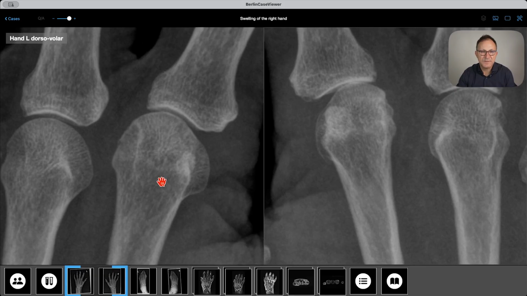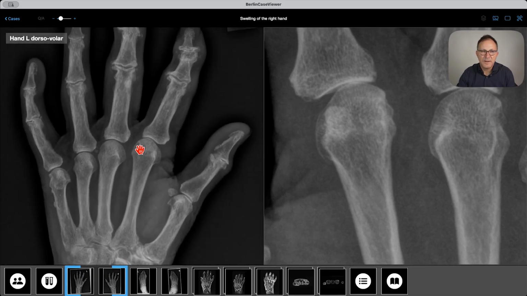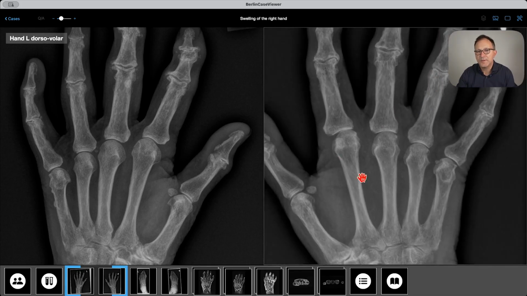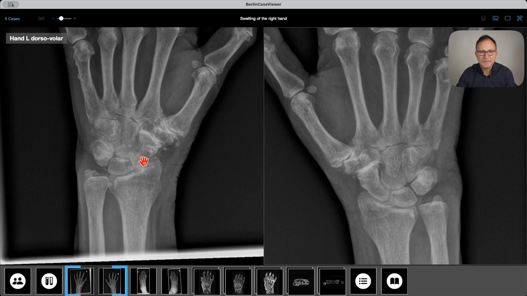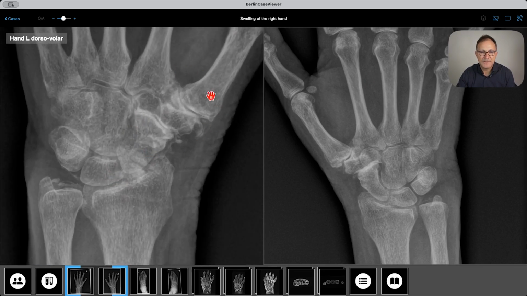And also here we have some cystic lesions in the head of the left metacarpal, which gives us some suspicion for erosion.